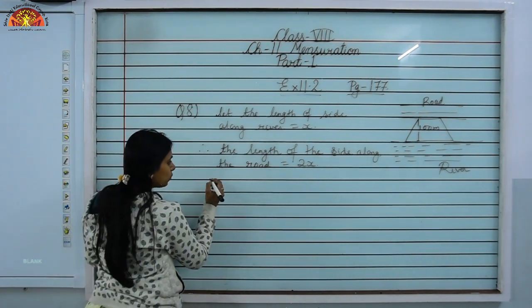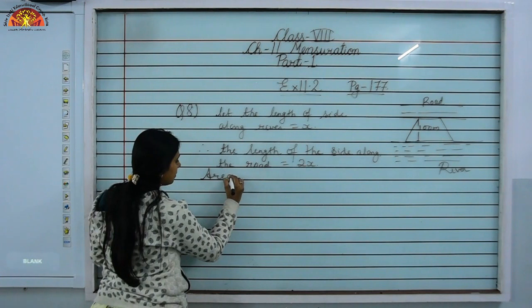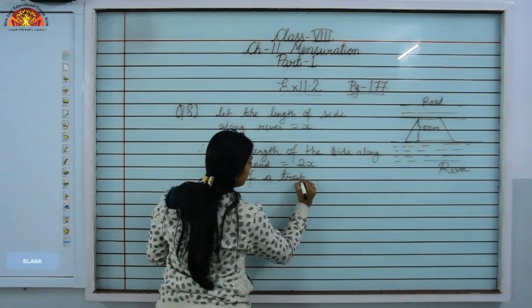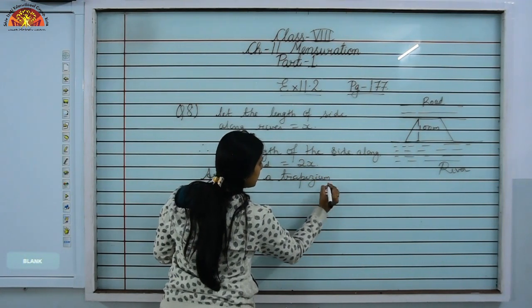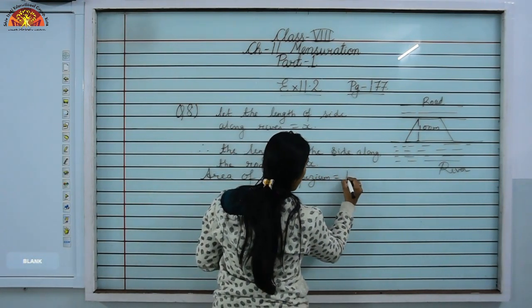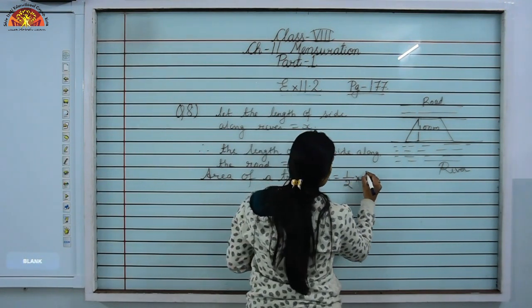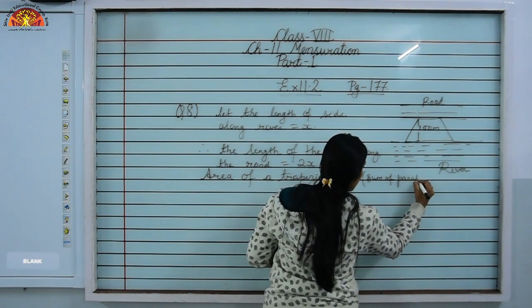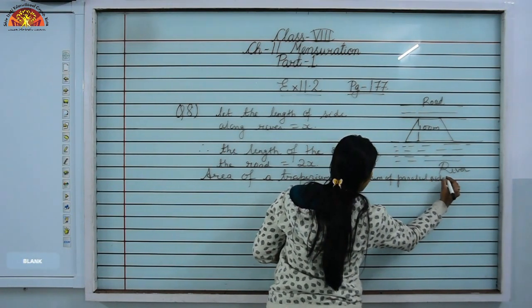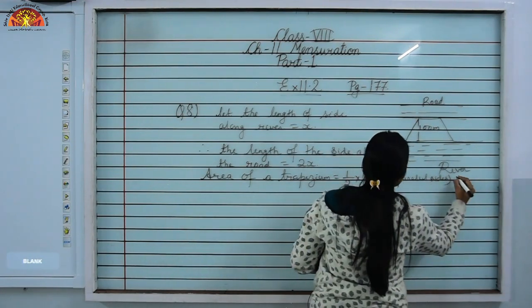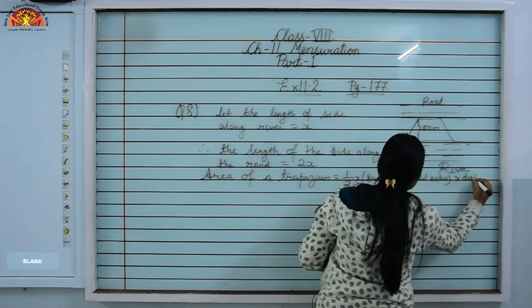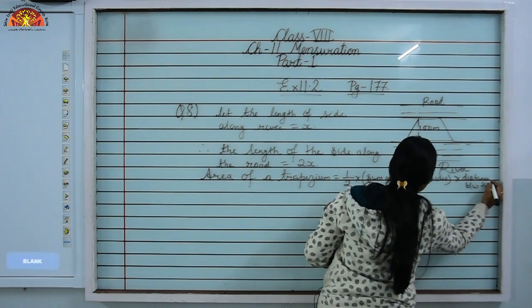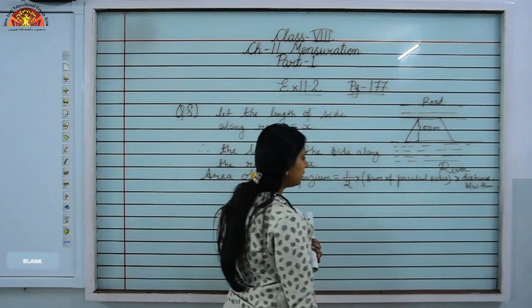Now, as we know that the area of a trapezium is equal to half into the sum of the parallel sides into the distance between them.